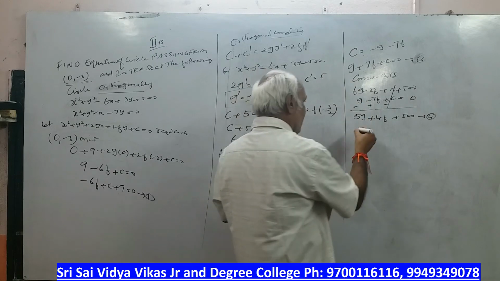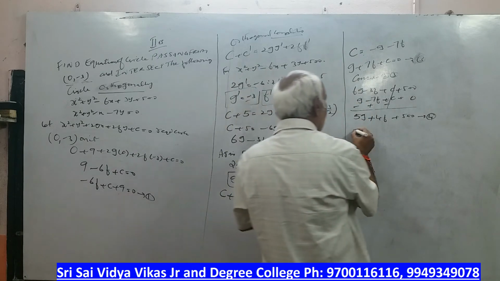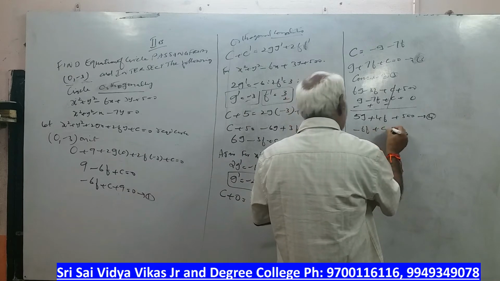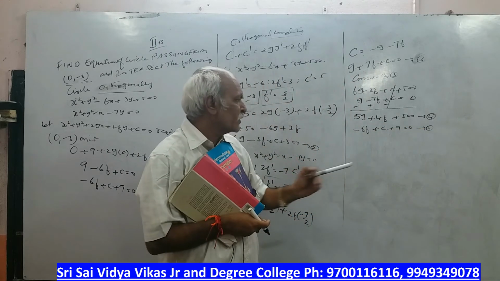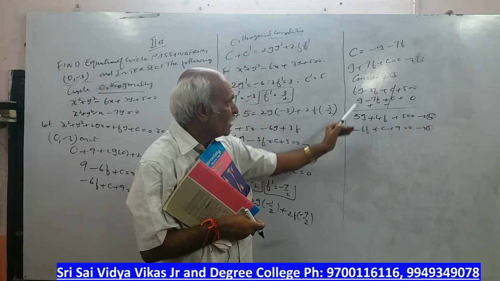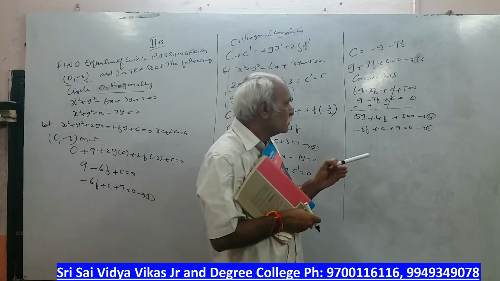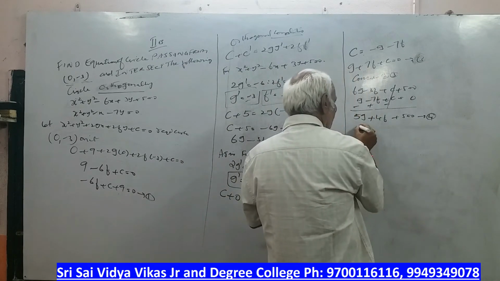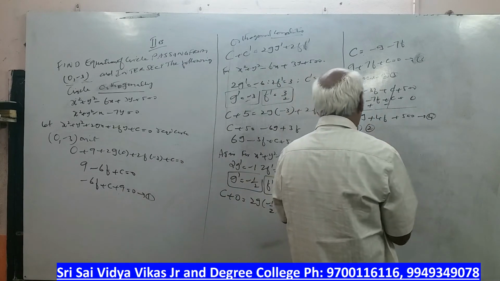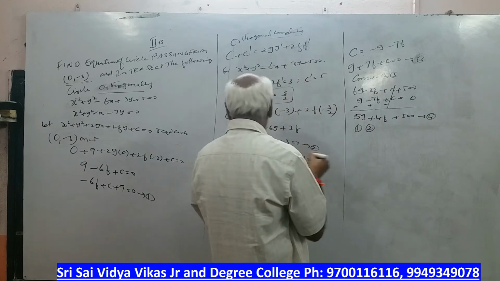Now what is the first equation we got? Minus 6f plus c plus 9 is equal to 0. Now only two variables are there. Now consider again 1 and 2. What is the first equation?